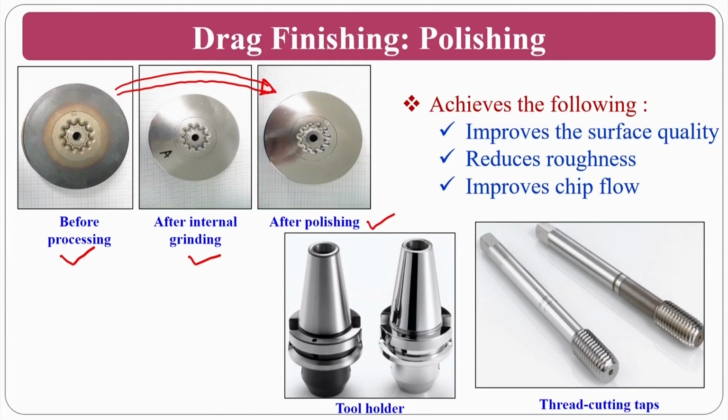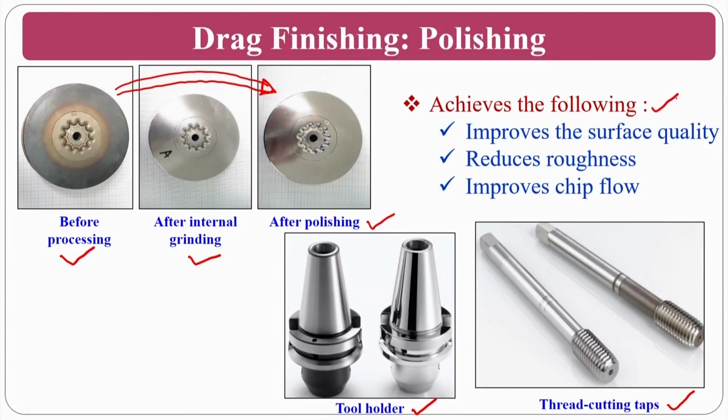So, you can get a very good quality component. Okay. At the same time, tool holders, you can do this type of complex surfaces by drag finishing operation, and thread cutting taps also you can do this particular mass finishing operation. You can go for many workpieces at the same time.